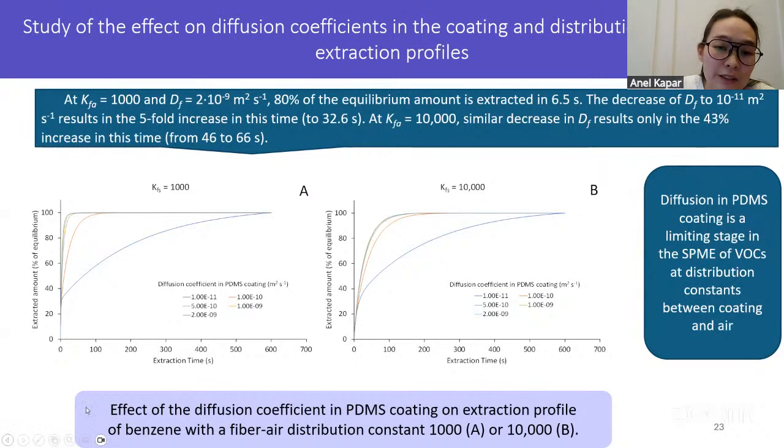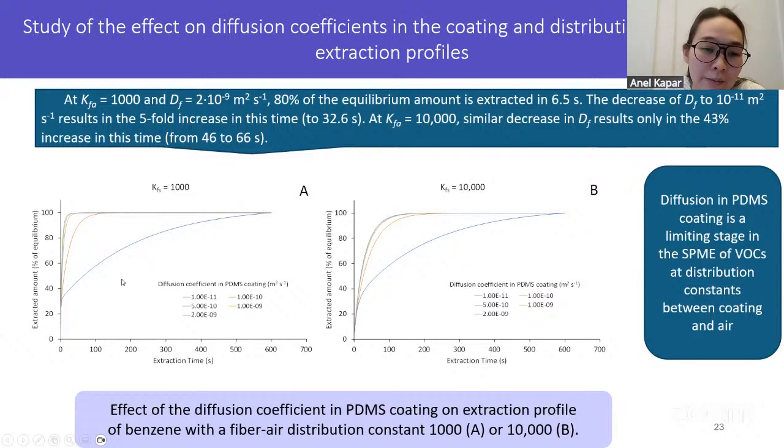Five different DF values were estimated at KFA of 1,000 and 10,000. As a result, diffusion has a substantial effect on extraction profiles. It becomes a limiting stage in the extraction of benzene from air at lower KFA, for example at KFA 1,000.